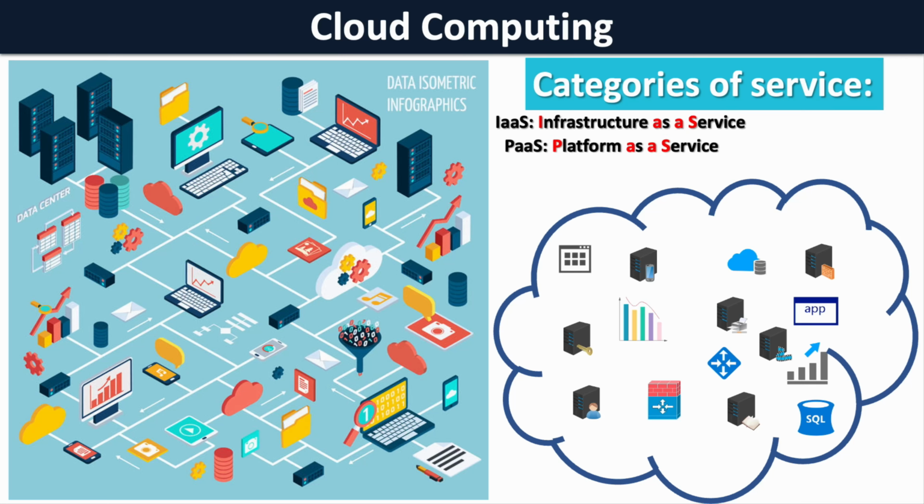Then we have the platform as a service of cloud computing, which provides an on-demand environment for software application development and testing. This category allows developers to quickly build web or mobile applications without having to manage the network infrastructure, which is required for development.